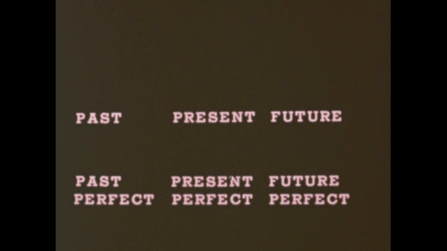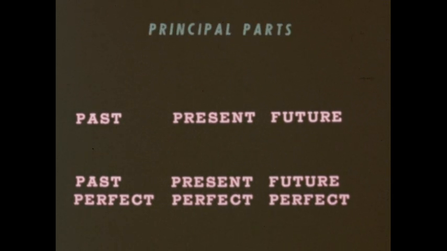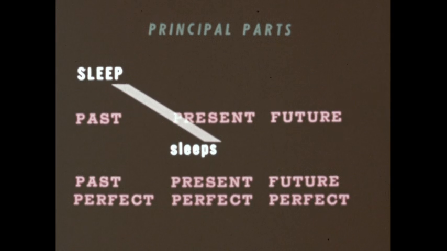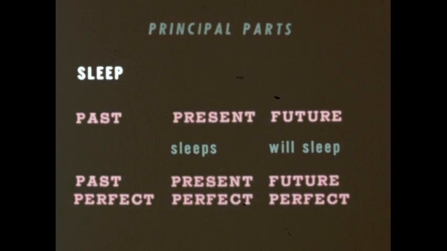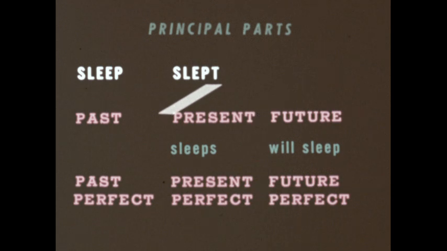These tenses of a verb are formed from what are called the principal parts of a verb. The first principal part of a verb, in this case sleep, forms the present tense of the verb and the future tense with an auxiliary. The second principal part of a verb, slept, forms the past tense.